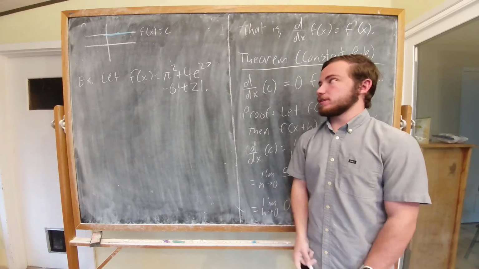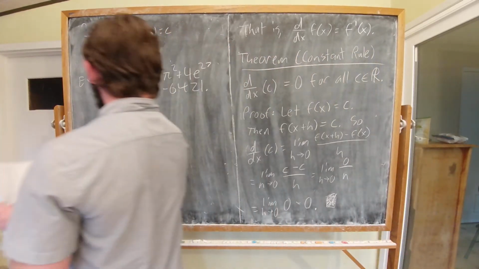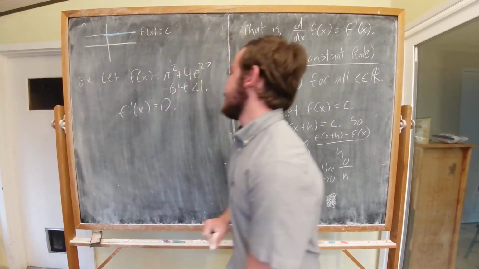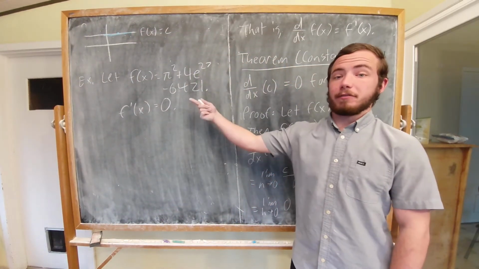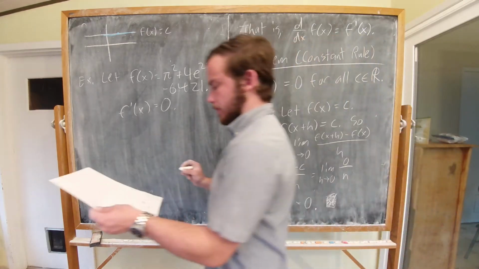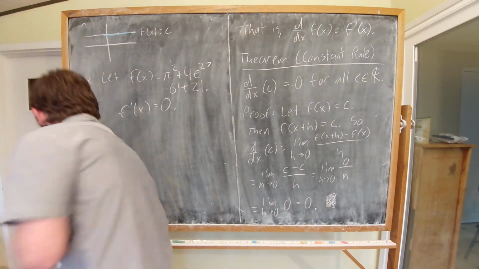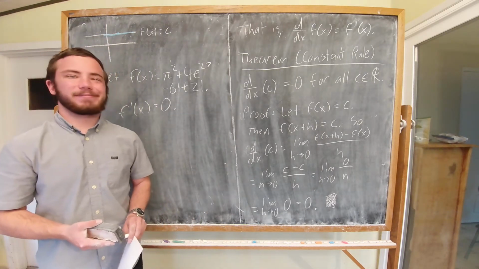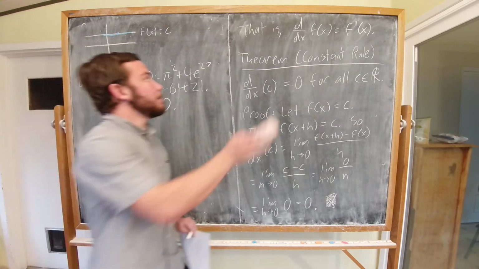Ridiculous number. I wouldn't compute that in a million years. F prime of x is just 0. Derivative of a constant is 0, no matter what the constant is. Okay? Write down this slide. I'm going to erase it for our next rule. Okay, here we go.